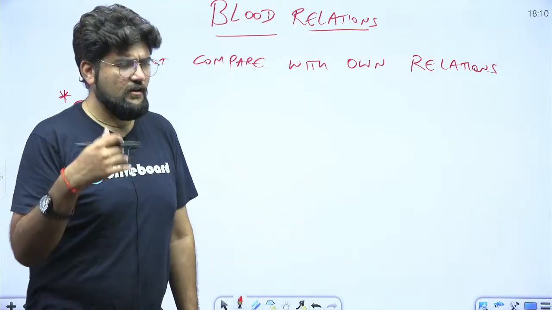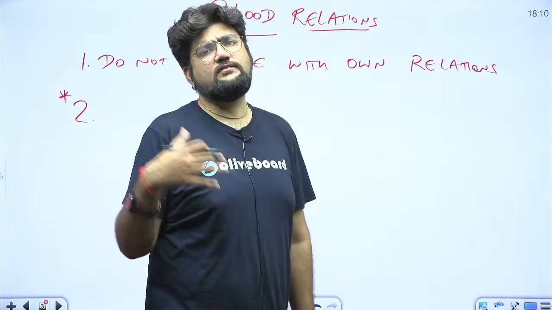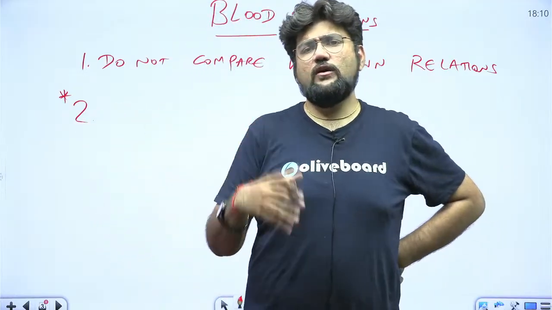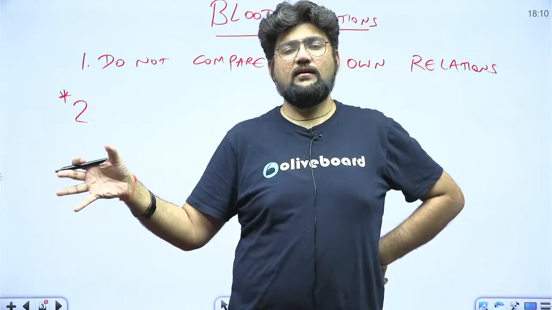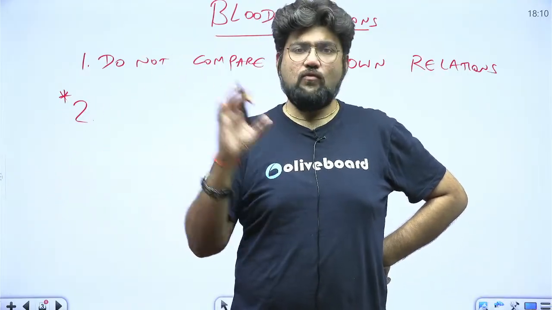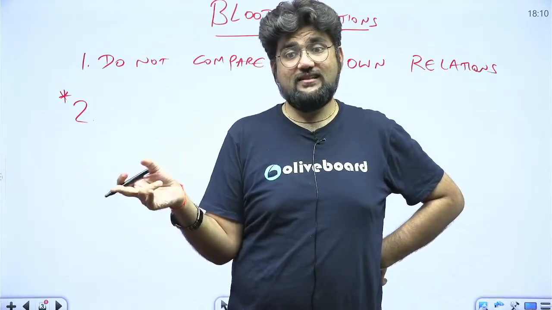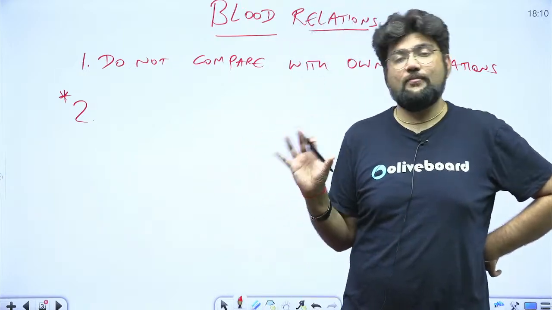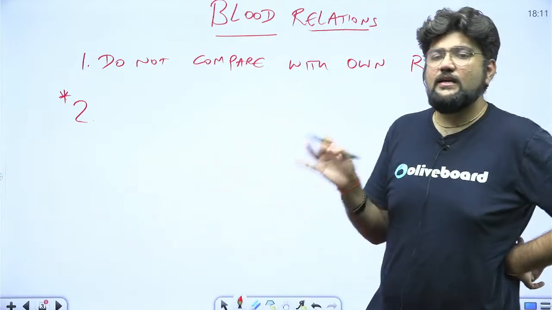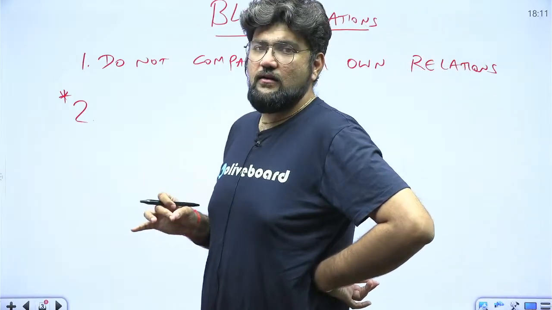If the question is saying Rohit's sister is Priya, here we are sure that Priya is a woman, a girl, because she is the sister. But for Rohit, a lot of people will assume him to be the brother automatically. And that is where you're making a mistake, where you're making an error.